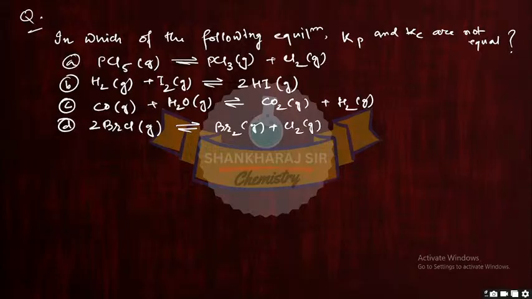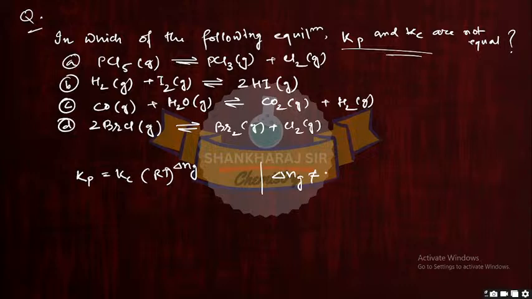Now the question is for which the Kp and Kc are not equal. We know the relation between Kp and Kc is Kp is equal to Kc (RT) to the power delta Ng. Always remember Kp and Kc become equal when delta Ng is 0. Delta Ng means number of moles of product minus number of moles of reactant, and here it should not be equal to 0.